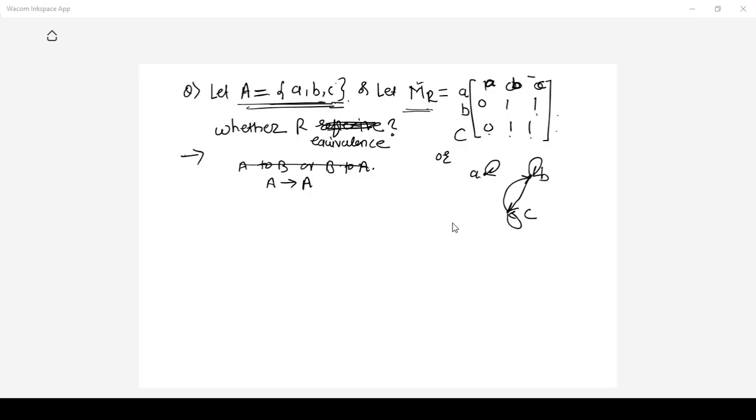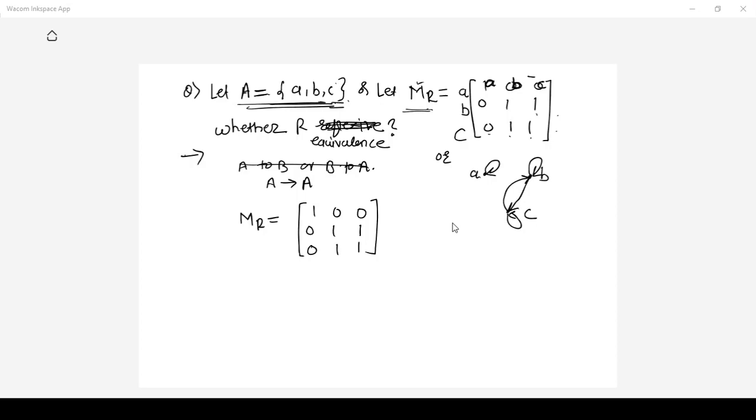Okay, it's overwritten. So what I'll do, I'll rewrite this matrix. So this is the matrix representation of relation R, which is given as 1 0 0, then 0 1 1, and 0 1 1.